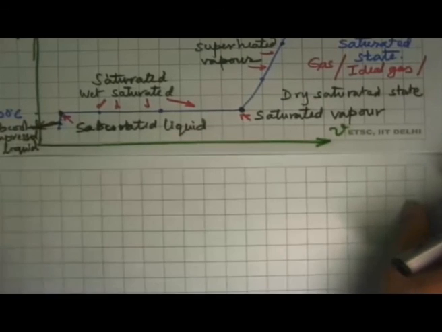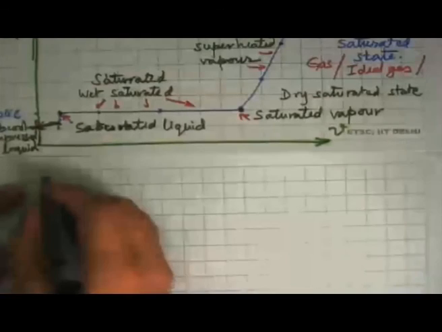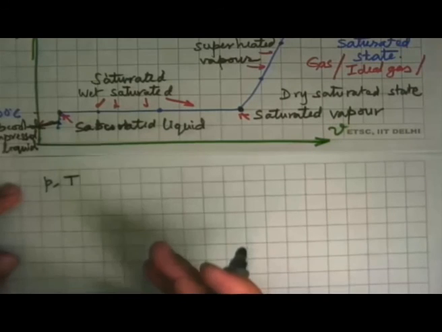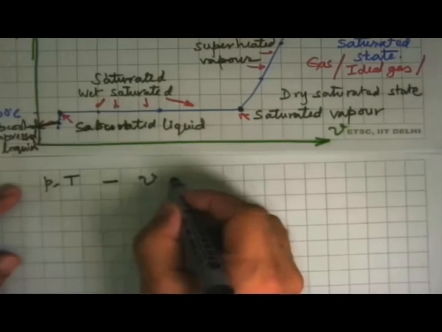In the saturated state, the substance has an interesting behavior, and what we saw was that with heating, pressure and temperature were the same, but specific volume kept increasing or decreasing, whichever way you're heating or cooling it.